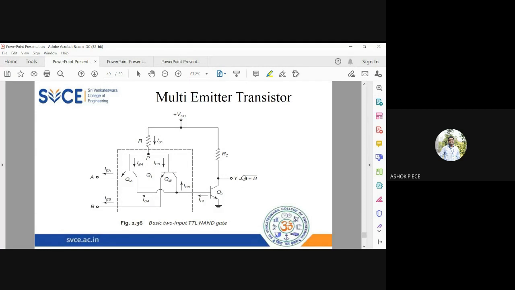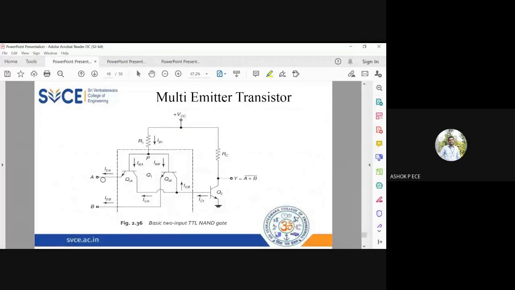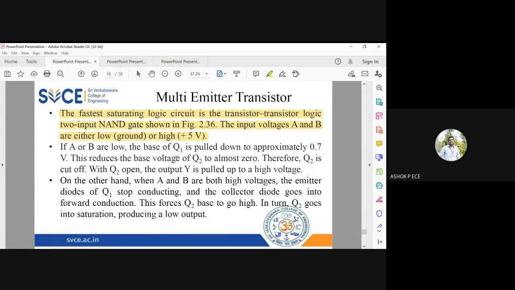That is what is given here. The two inputs are A and B. One input goes to one emitter, and the second input goes to the second emitter. So I have two inputs for this multi-emitter transistor, and we are going to see the operation depending on the voltages A and B.